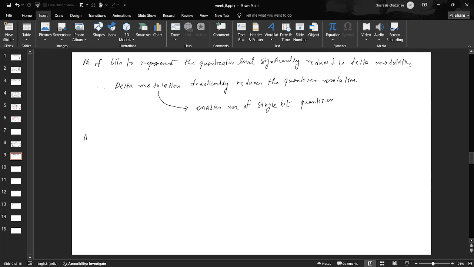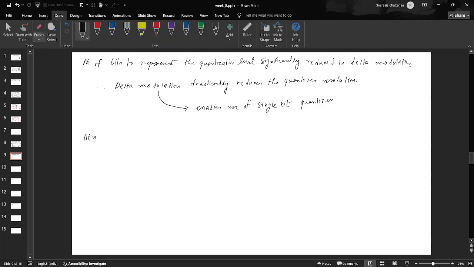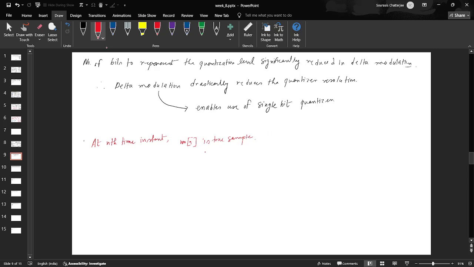Let's say at the nth time instant, your true sample value is m[n]. m[n] is the true sample, and mq[n-1] is the approximation to m[n] at the nth time instant.